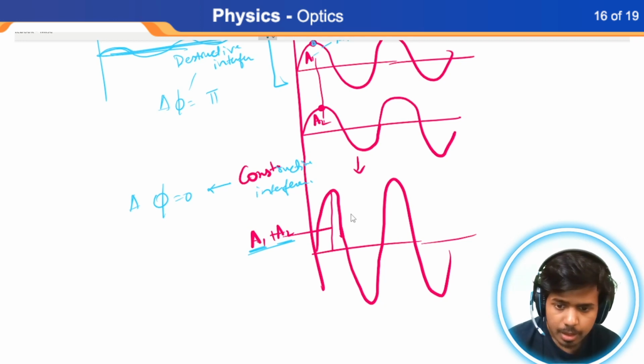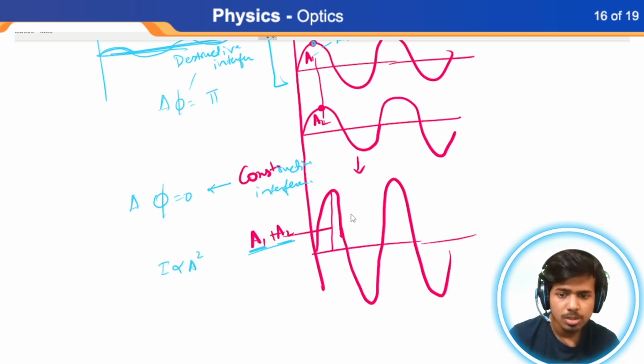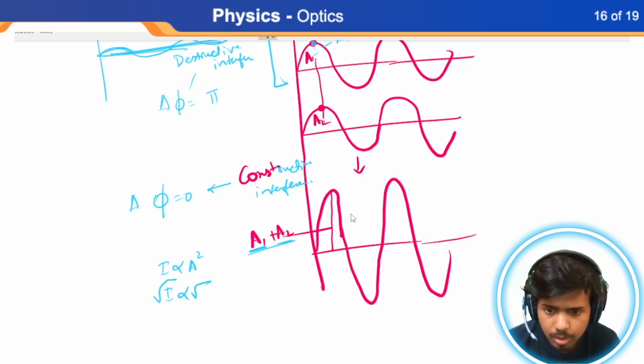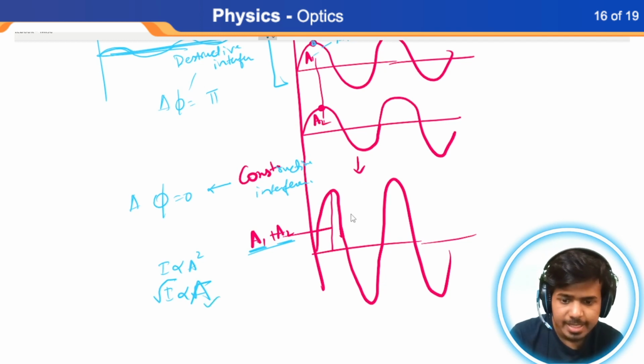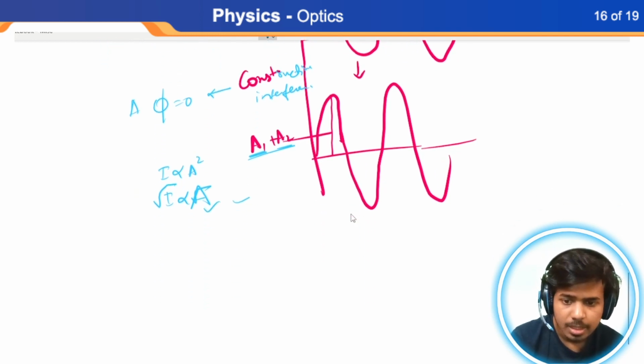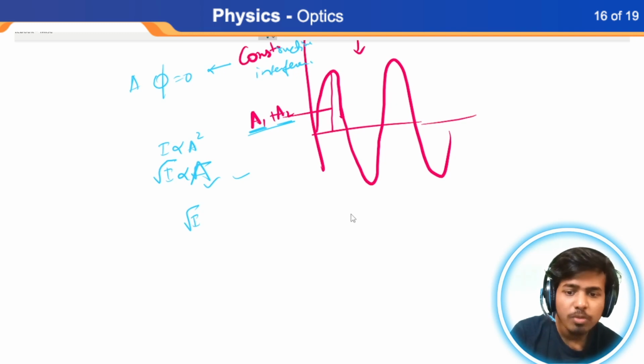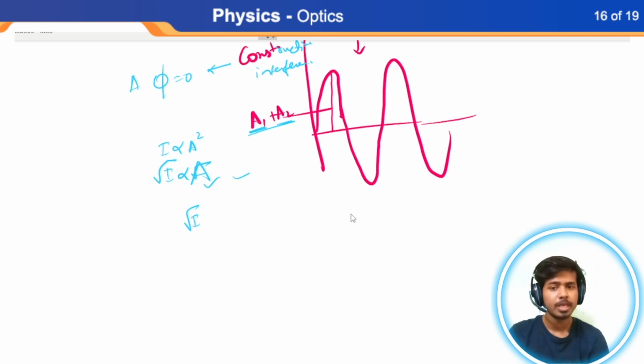Now, intensity is dependent on A square, right? So when A gets added to another one, it is the square root of I which should get added up, right?